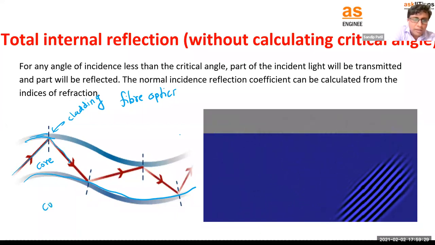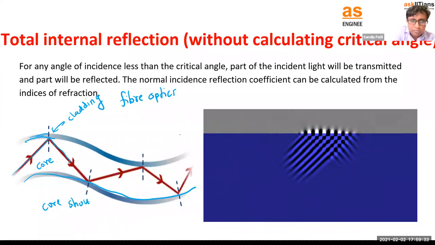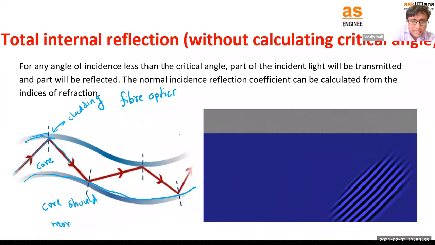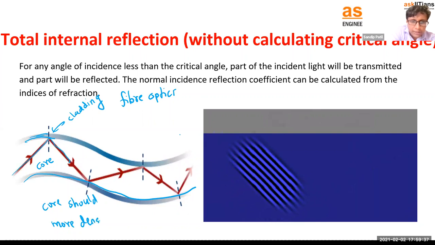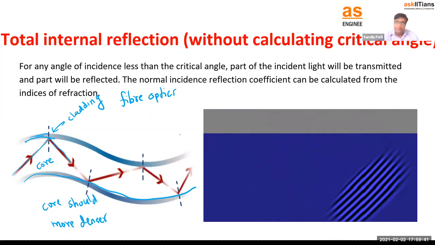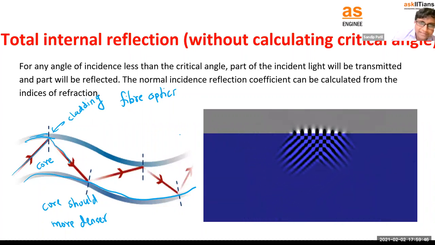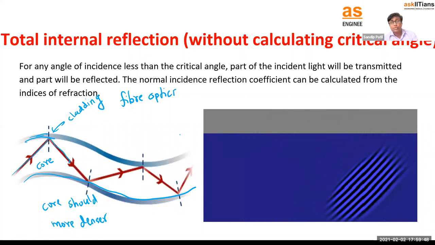So can I say the core should be more dense? More dense means it should have a higher refractive index than the cladding. Then we will get total internal reflection inside this tube.